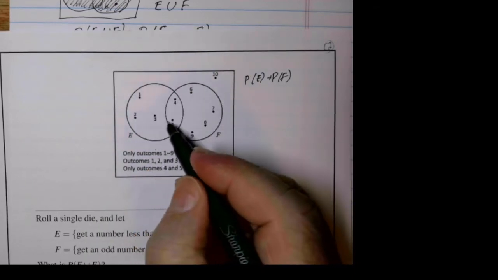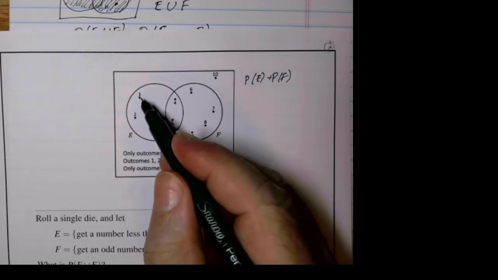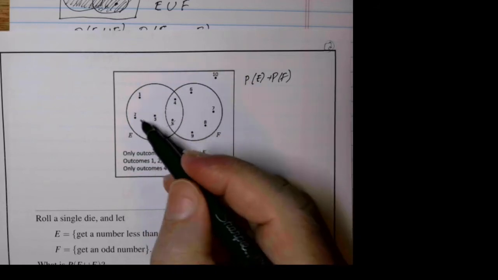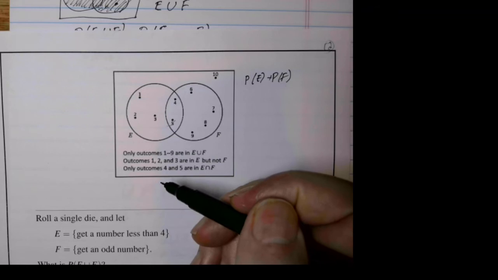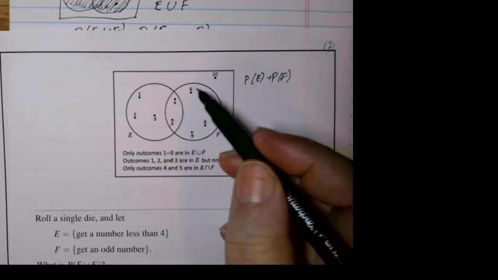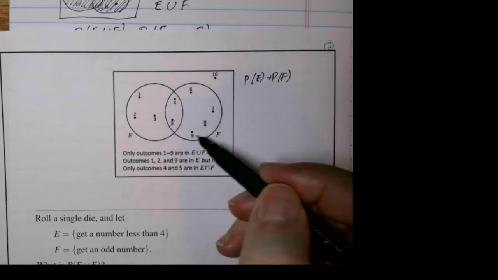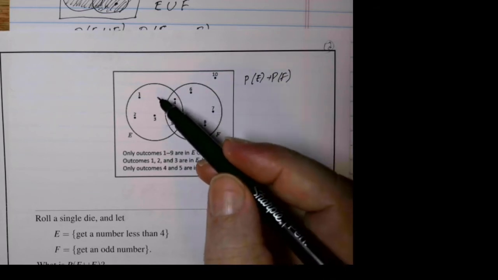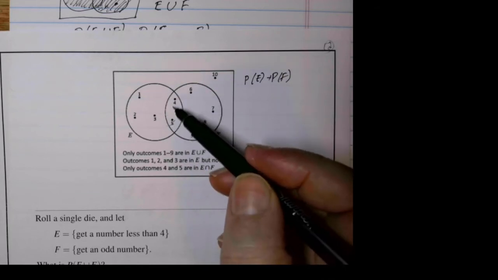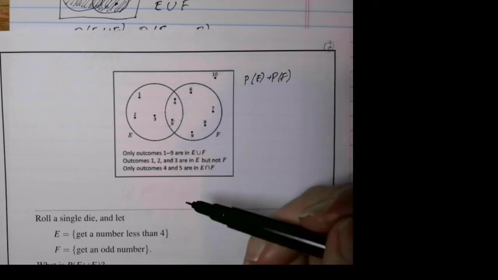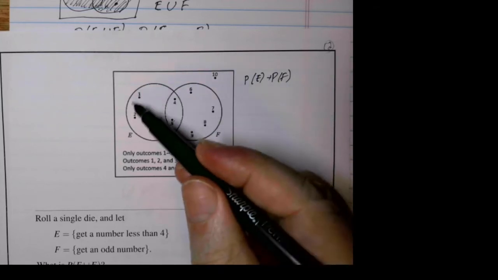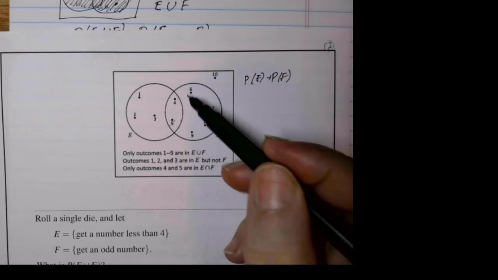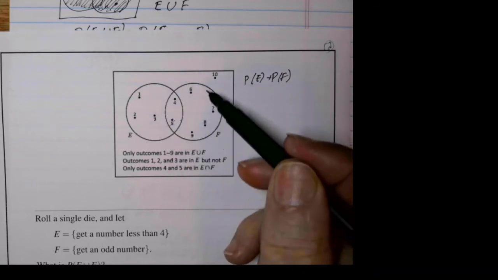Then the probability of E, there are 10 outcomes altogether, so the probability of E would be 5 out of 10, because 5 of the outcomes are in E. The probability of F would be 6 out of 10, because there are 6 outcomes in F. But if I add those two, I've counted the probabilities of these two outcomes twice. Right? Whatever is in the intersection, I count twice when I just add the probability of E and the probability of F.